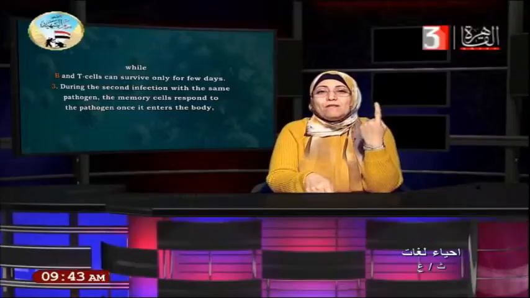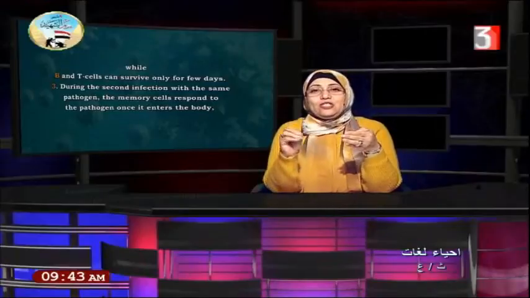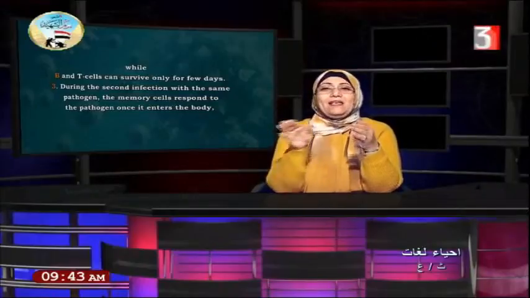In one year we can be infected by influenza many times, but measles we cannot be infected by more than once in your life, due to the memory cell. This memory cell keeps the antibodies against the antigens of measles. When the measles infects the body again, it produces antibodies to kill the measles.